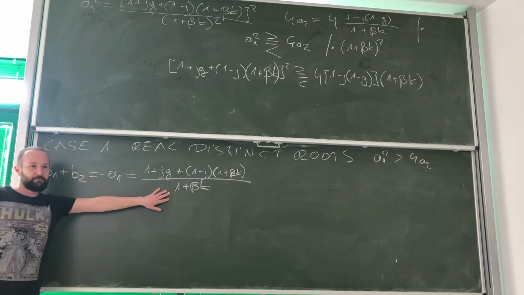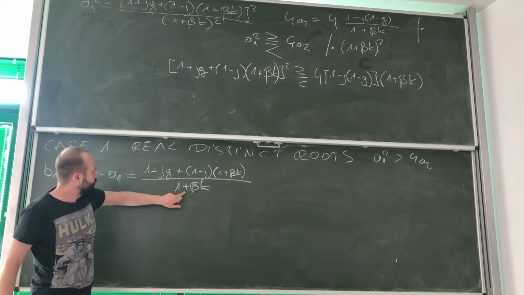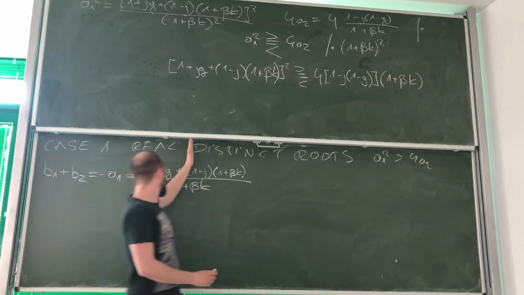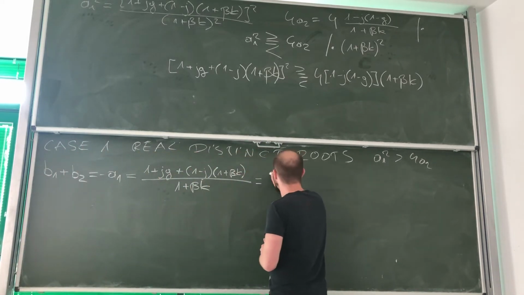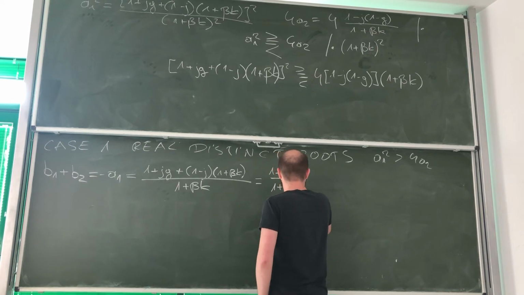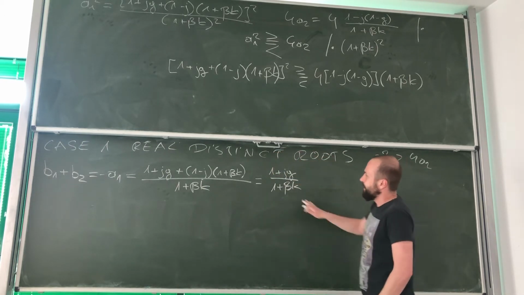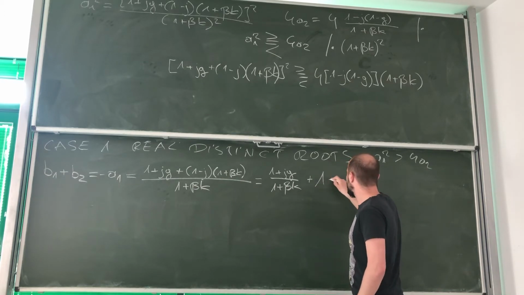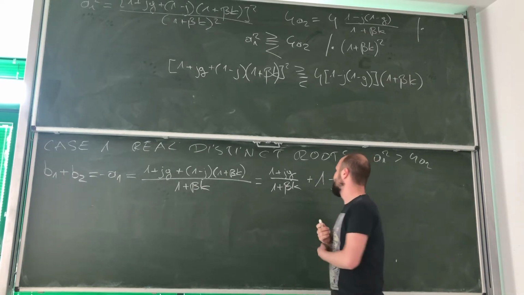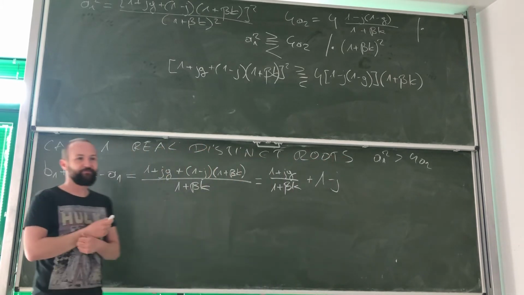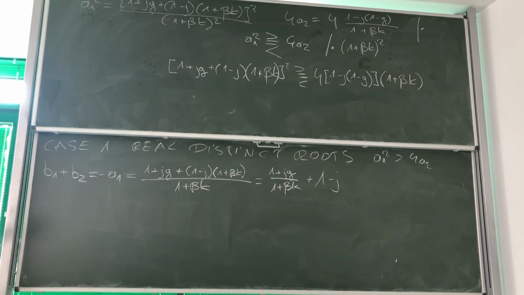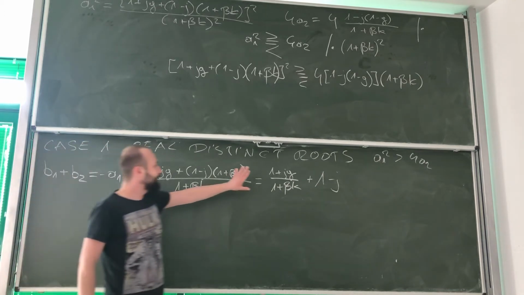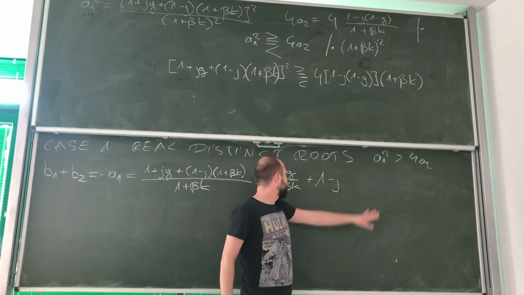Okay, this, as you see, we can easily divide this fraction into two parts. So we will have 1 plus jg over 1 plus beta k, and out of this, right, we're going to just get 1 minus j. Okay, so the question is, what is the value of this expression?